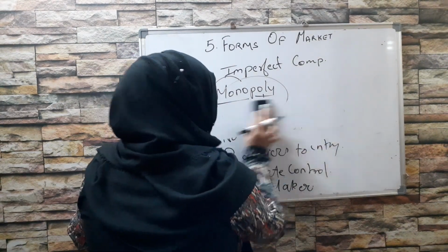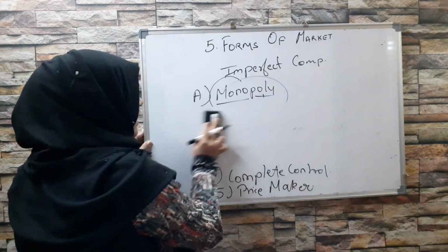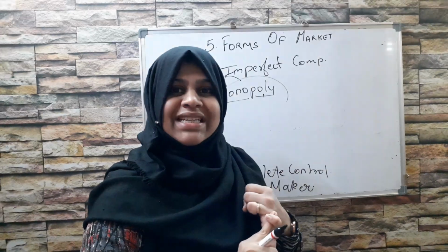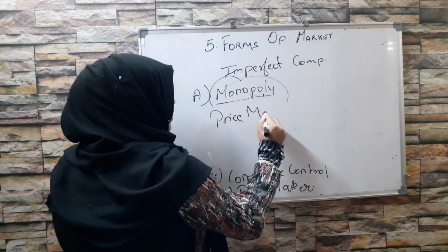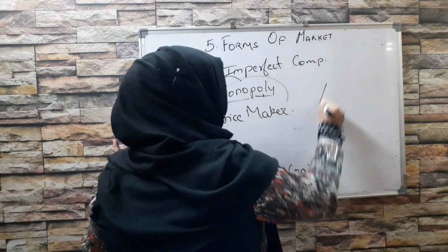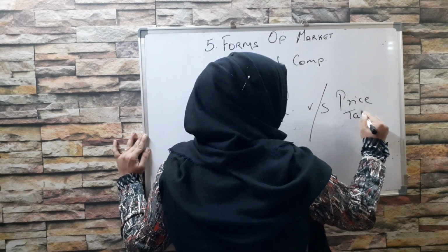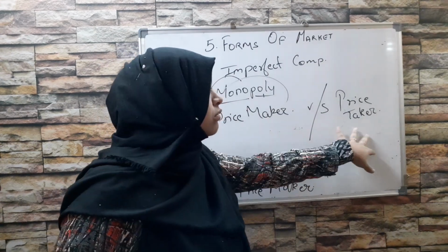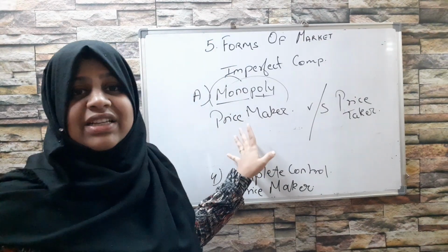There are two things: price maker and price taker. Now who is a price maker and who is a price taker? Of course, the monopolist is a price maker.